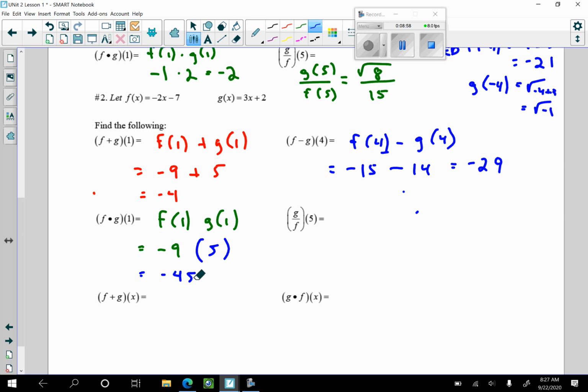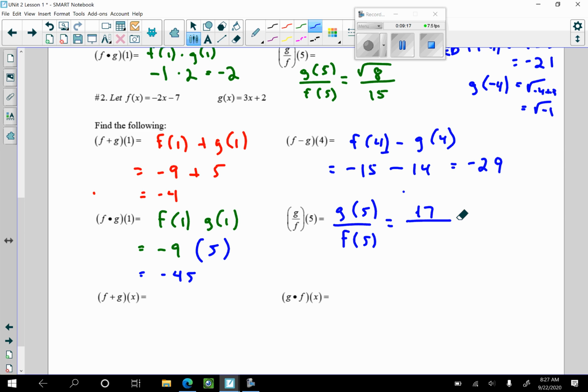And g divided by f of 5 is going to be g of 5, which I have not found, divided by f of 5. And g of 5 will be 17.